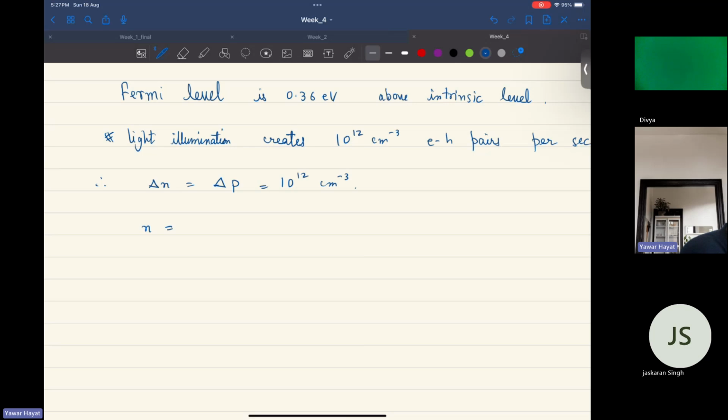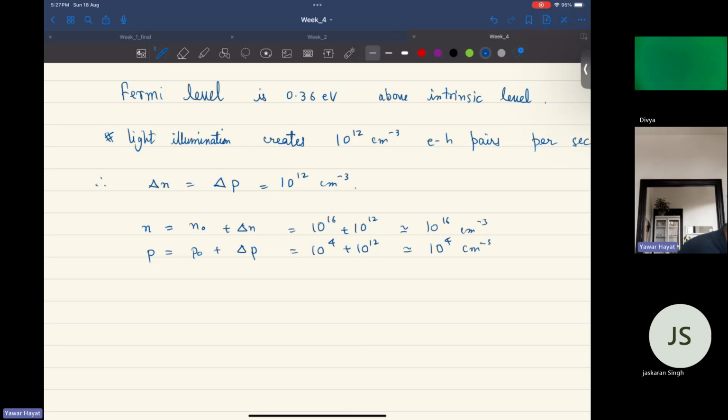Your N is equal to N0 plus delta N, and your P is equal to P0 plus delta P. This is 10 to the power 16 plus 10 to the power 12, and this is 10 to the power 4 plus 10 to the power 12, which is approximately 10 to the power 16 per centimeter cube, and this is approximately 10 to the power 4 per centimeter cube.